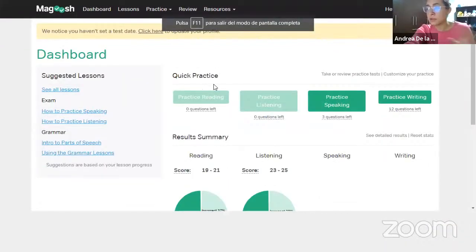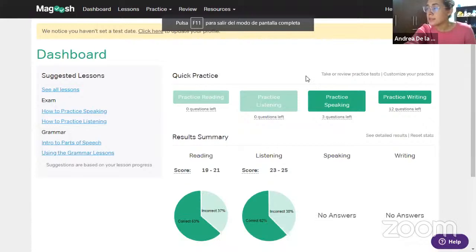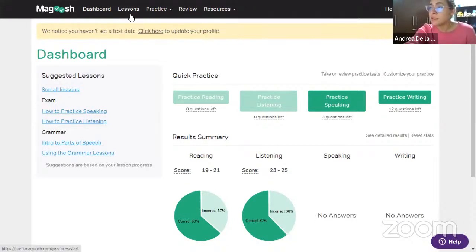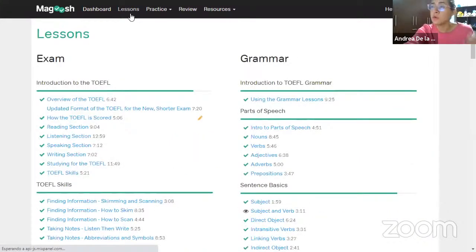This is the dashboard, the main page. So as you can see, you can practice every section that you want. But before we take a look at the part of practicing, I wanted to also show you the lessons available that you have here. So you have a lot of lessons that you can also take. These are pre-recorded videos of all the lessons related to the TOEFL exam.